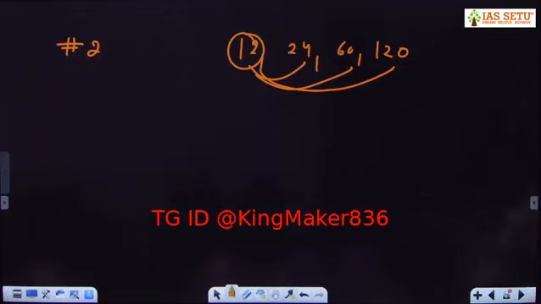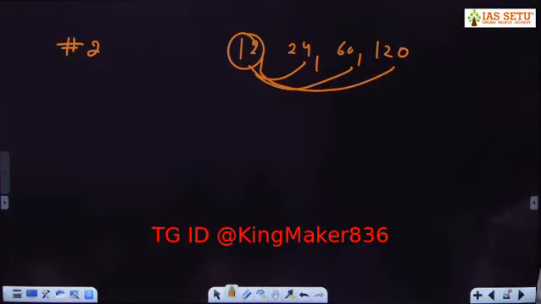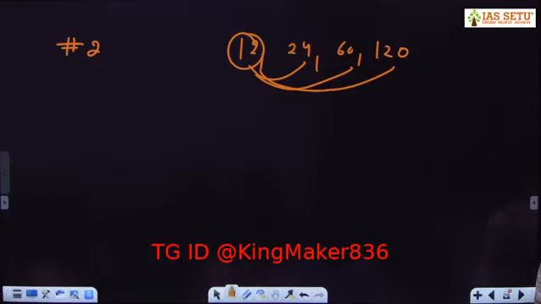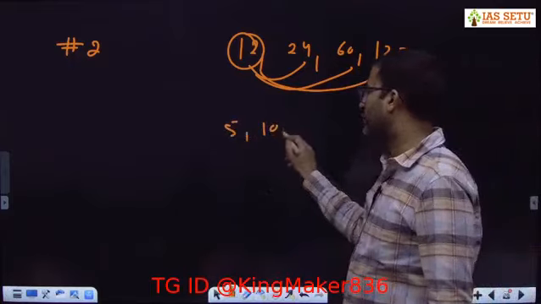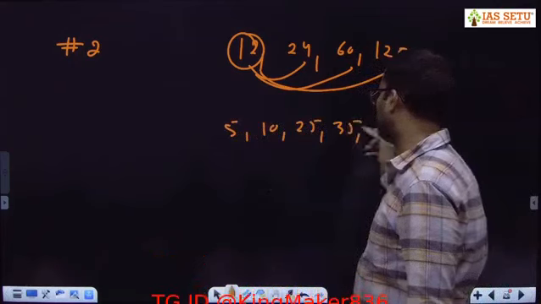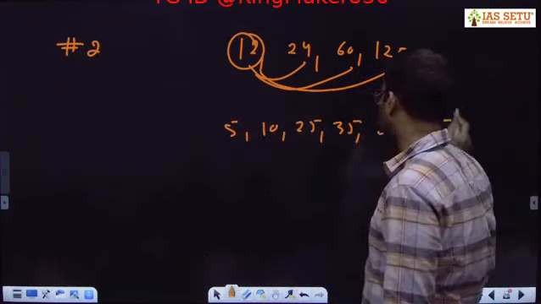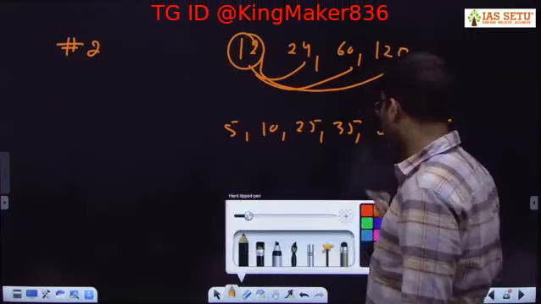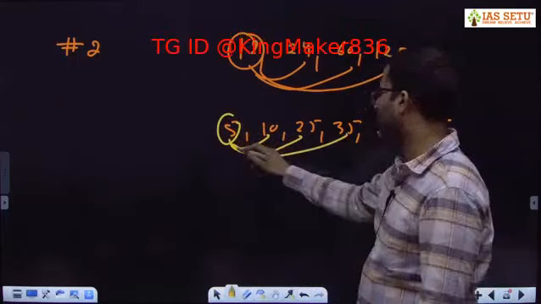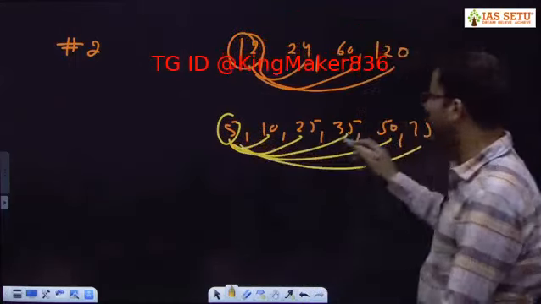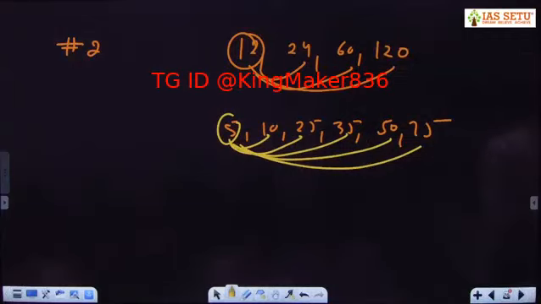For example, HCF of 12, 24, 60 and 120 is 12. One more example. 5, 10, 25, 35, 50, 75. If they ask what is HCF of these given numbers, since 5 is a divisor of all the remaining numbers, you can directly conclude 5 itself is HCF.